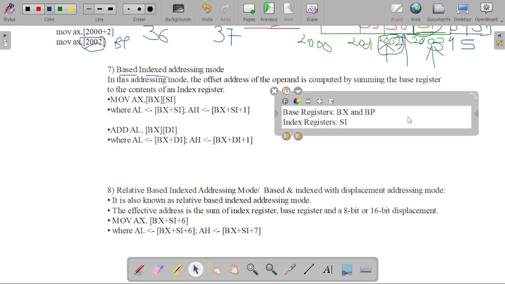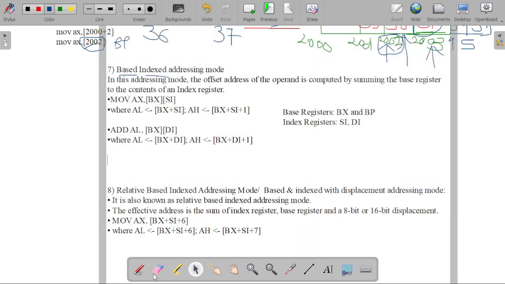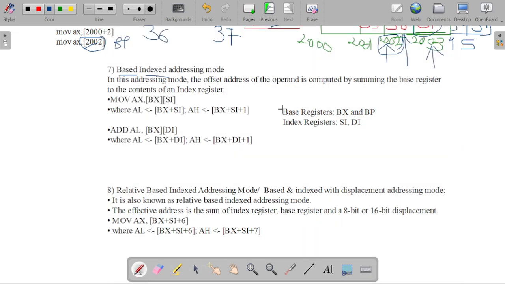We have to check here if base and index registers are available in our instruction, then at that time we consider it as base index addressing mode. So here you can check MOV AX, in brackets BX and SI. Here we are combining this base register as well as our index register. The address of our memory location will be added there, and that data will be copied into our AX register.